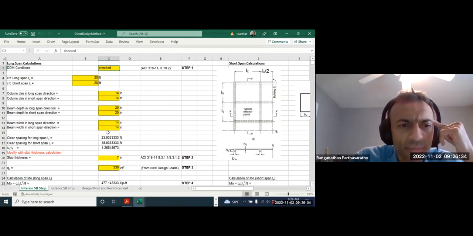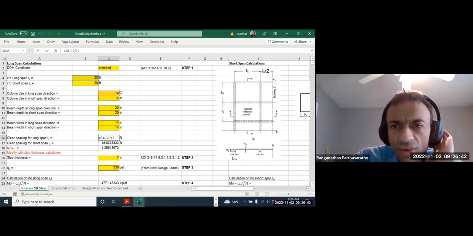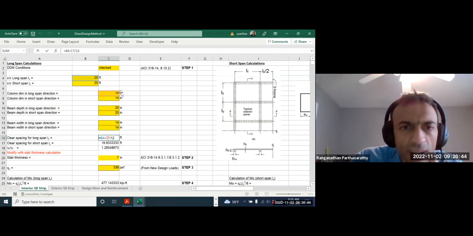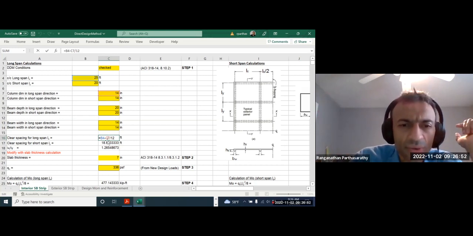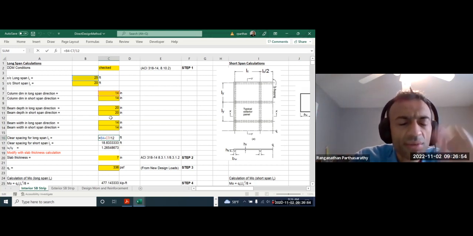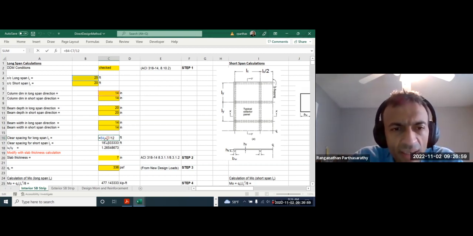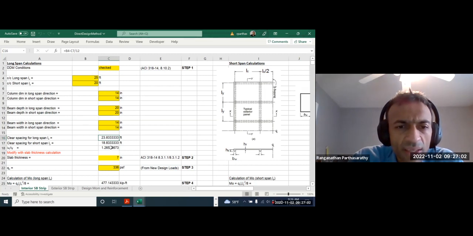You have column dimensions, beam depth, beam width, and clear spacing. You subtract half the column width on either side from the center-to-center span, and then you get the clear span. Then this is your Lx by Ly ratio, which is less than 2, so it is a two-way slab.